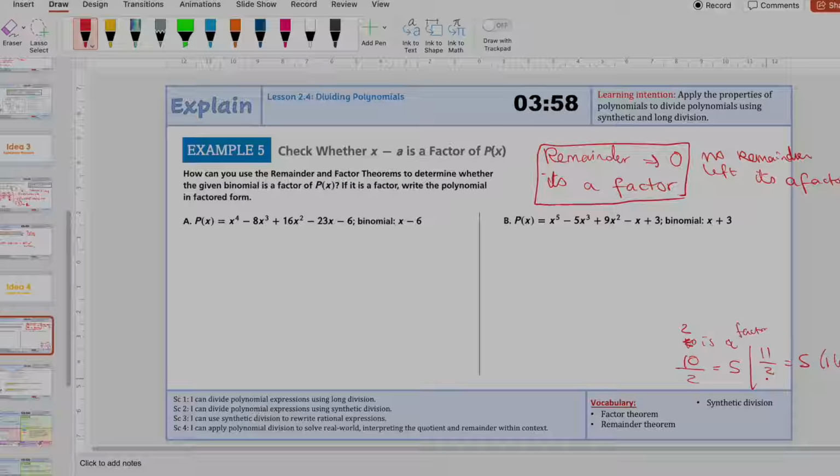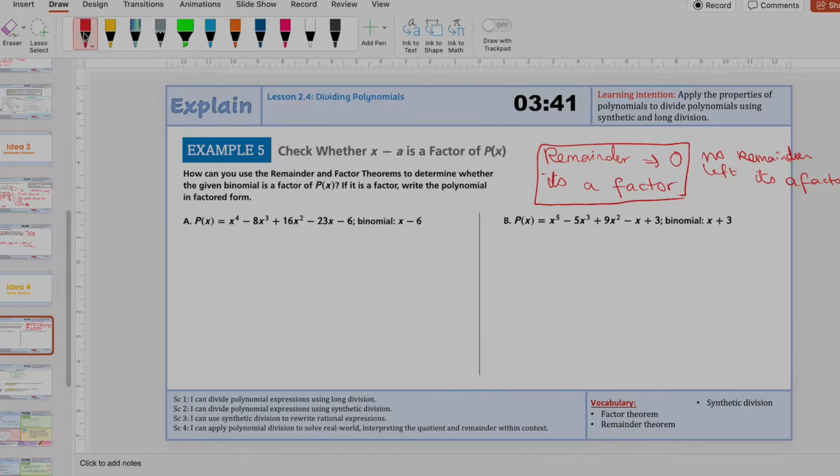But 2 is not a factor of 11 because there's a remainder. The remainder here was 1, but for 10 the remainder was 0, no remainder. So that's why 2 is a factor of 10, but not a factor of 11. Shortly, the idea is if you divide two things by each other exactly with no remainder left, then it's a factor. If there was a remainder left, then it's not a factor.